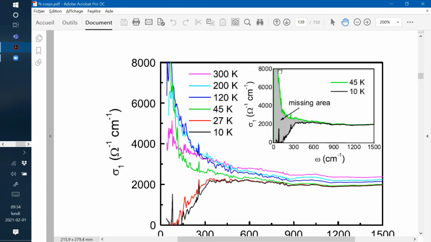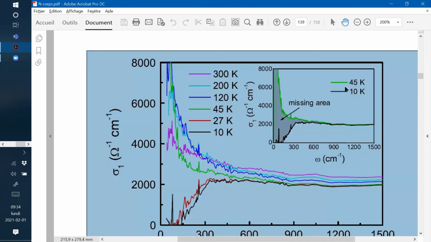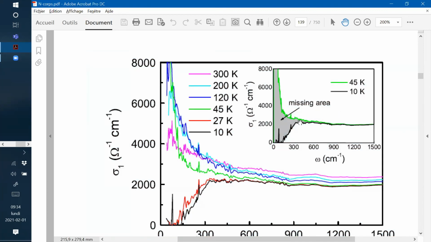So in this here, there is the green line at 45K, that's above the transition temperature. And 10K is pretty close to zero temperature. It won't vary very much after that. So you see there's what they call a missing area here.